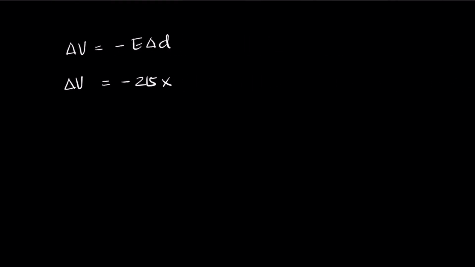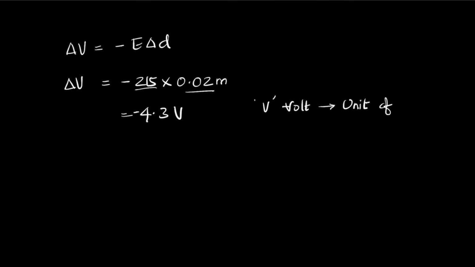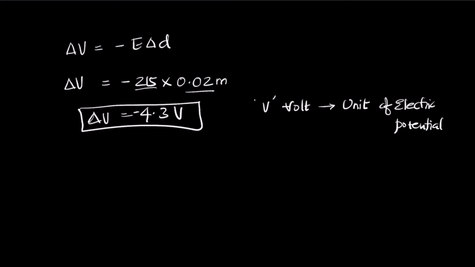Convert it into meters, so it becomes 0.02 meters. Now you get minus 215 into 0.02, which becomes 4.3 volt. Volt is the unit of electric potential. Remember this unit. So delta V is negative 4.3 volts.